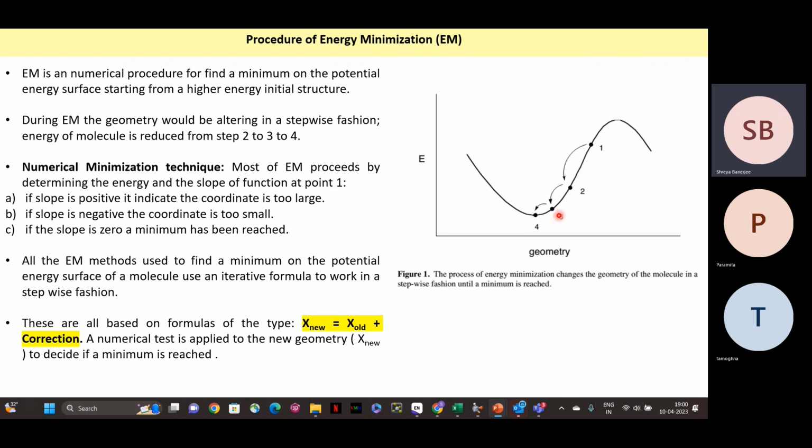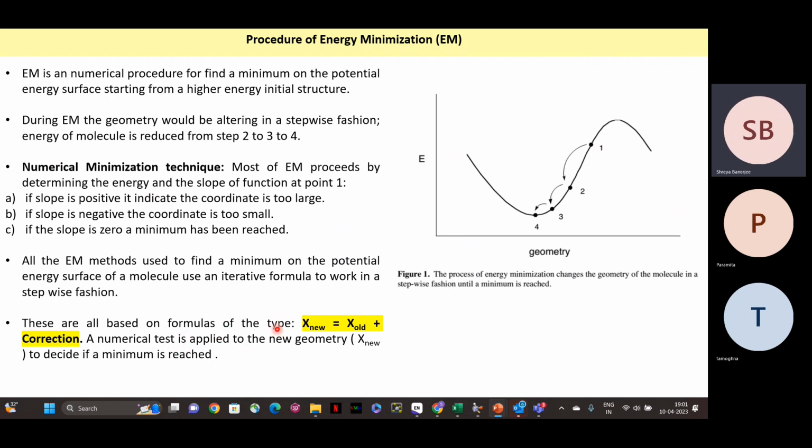If the program stops as soon as it finds a minimum, then it can get stuck in a local minimum. So that is not what we want. So the program will continue searching the whole surface till it reaches a point which is the lowest in energy, and there is no energy lower than that point. So that is how it finds the global minimum.